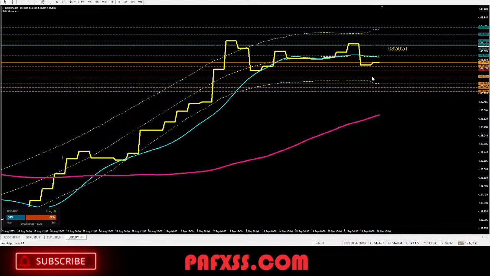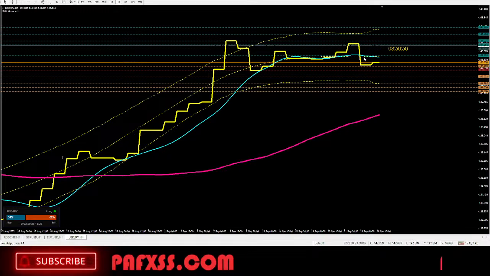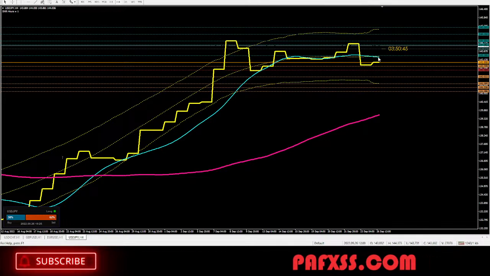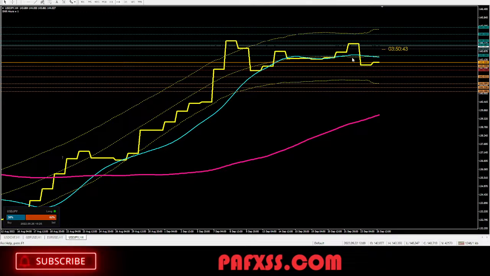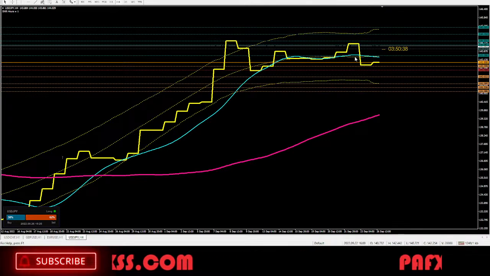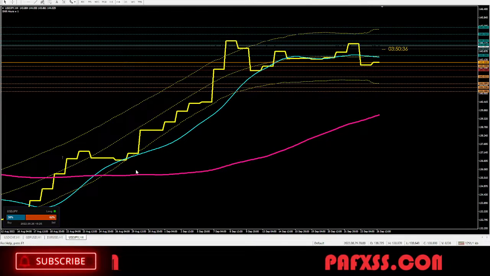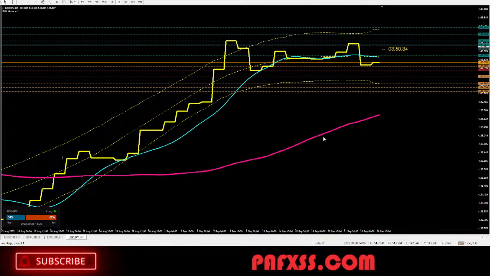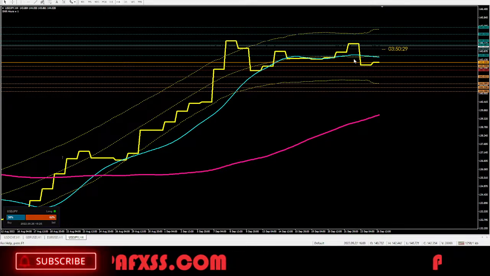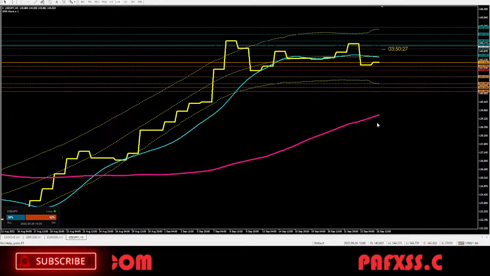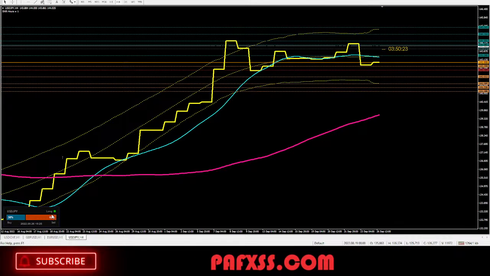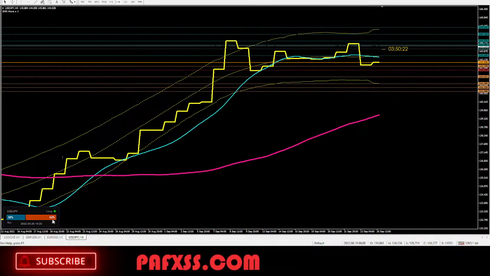Then the NT line, which is the blue line, has to be below the middle channel line, which is the dotted yellow line over here. Then the 200 MA over here has to be underneath the middle channel line as well. And over here it has to say long or neutral. This is the sentiment indicator.